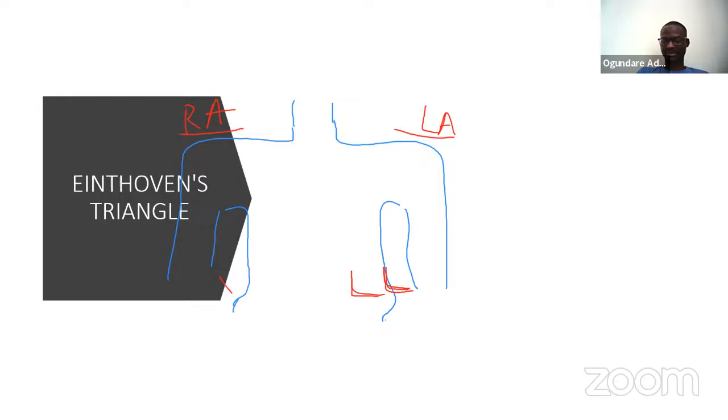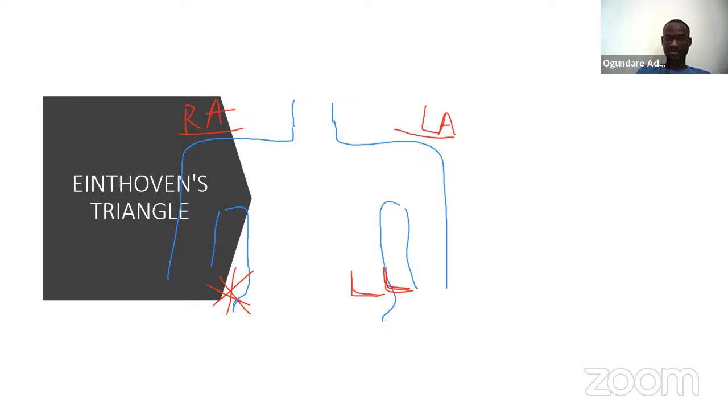The right leg is not contributing anything, as it were. So it's just a neutral. These are the 3 limb electrodes that we are working with.